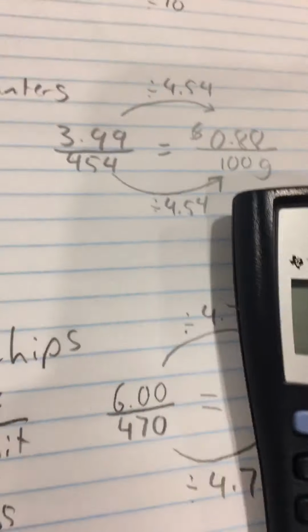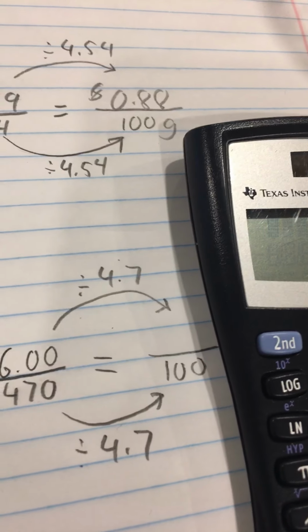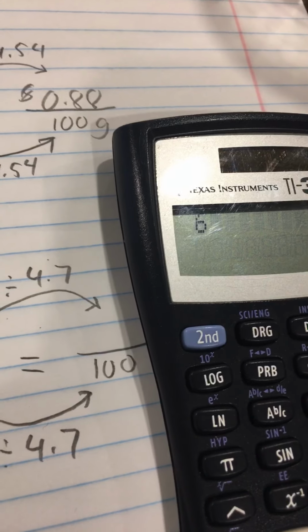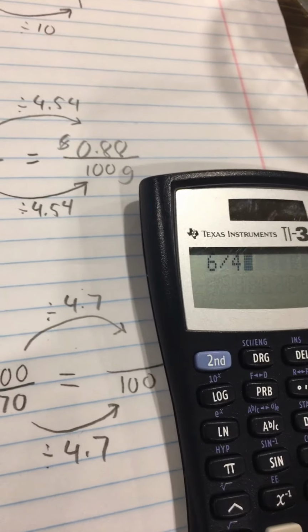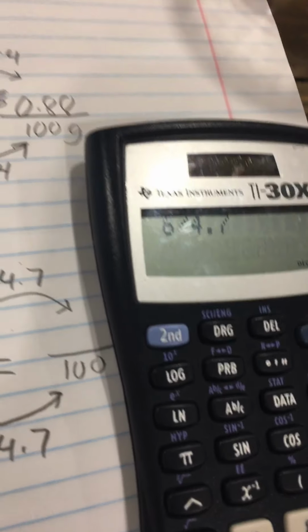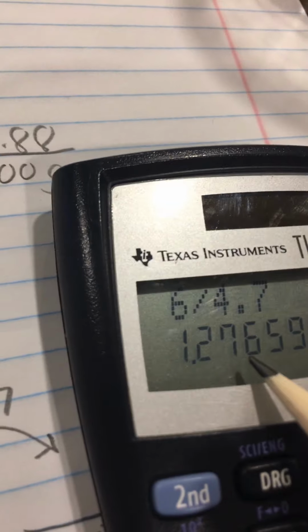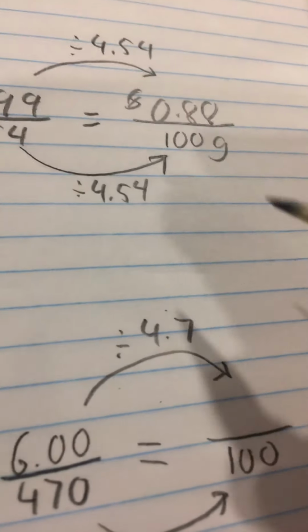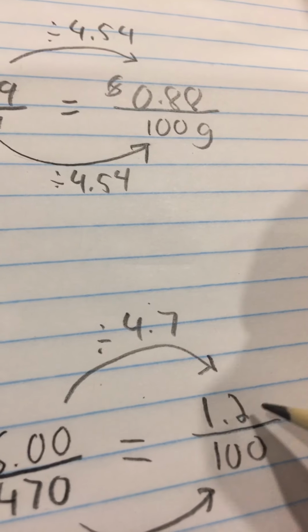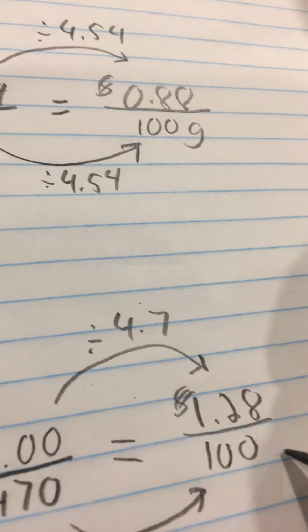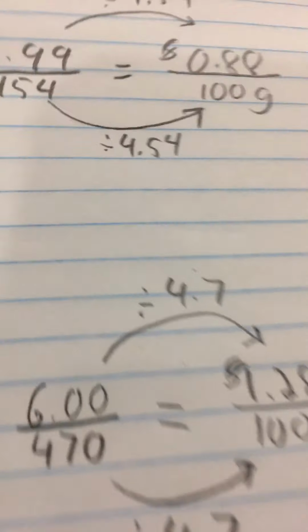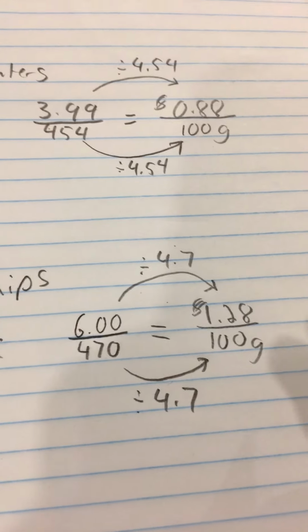So, per 100 grams, $6 divided by 4.7 is $1.28, rounded correctly. $1.28 per 100 grams. Okay? So that's how we look at unit rate.